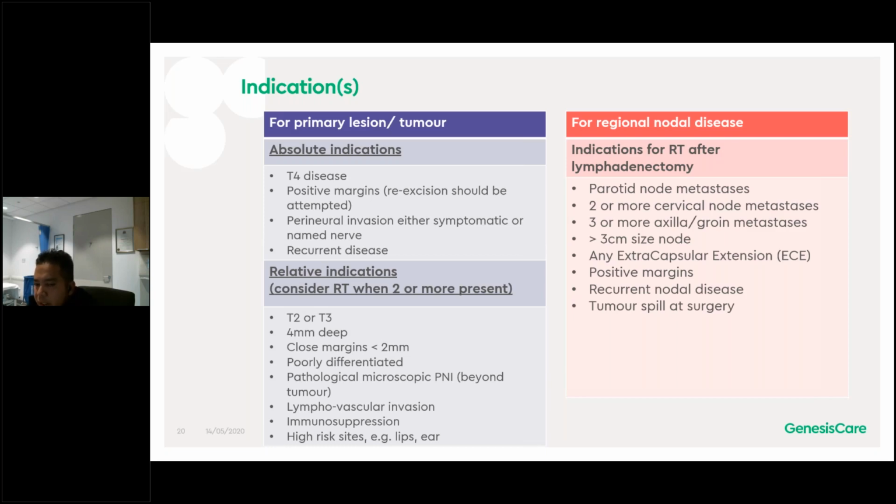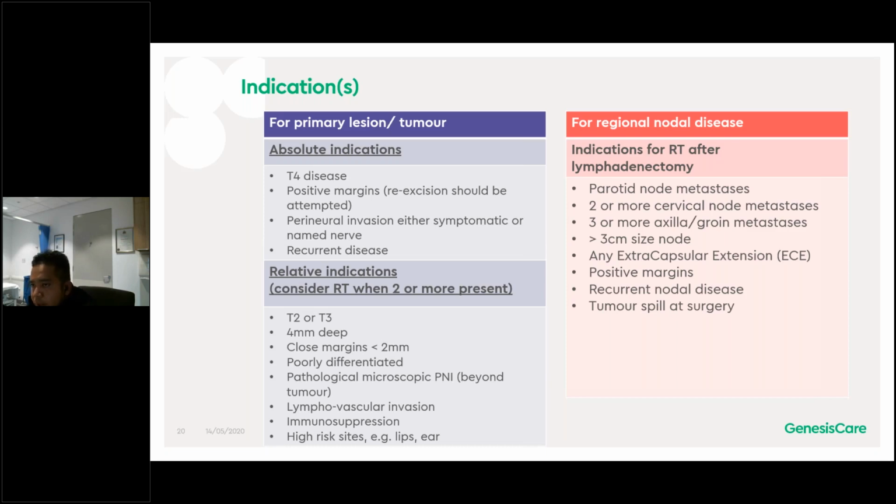Those are for the skin lesions that are excised locally, and obviously for patients with nodal disease, might be in the head and neck area, axilla or groin, we would consider doing that for these indications.